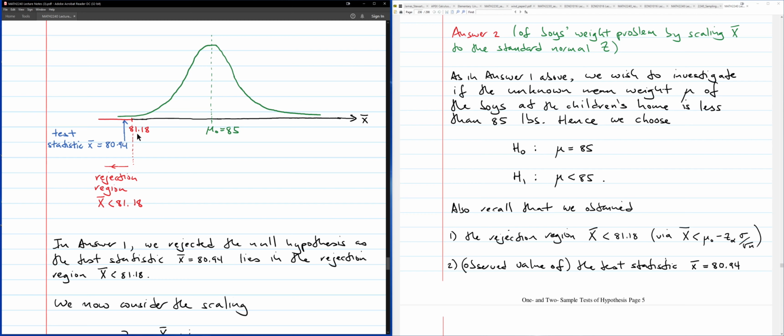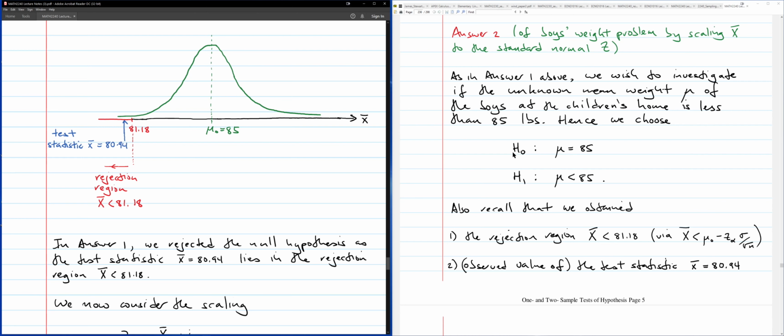But a fast way to look at this is you form your rejection region, and if your test statistic, which is the 80.94, lies in the rejection region, then you reject your H0. So this is how we worked out the problem without scaling, using the X bar directly, right?